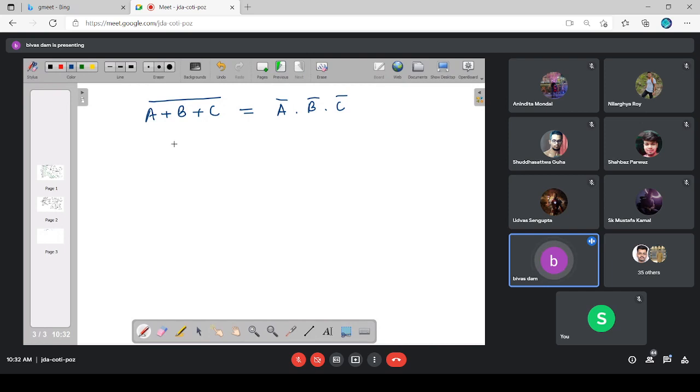By applying duality theorem, which expression will we get? The second De Morgan theorem, A dot B dot C bar is equal to A bar plus B bar plus C bar. So the two De Morgan's theorems are dual of each other. Fine.